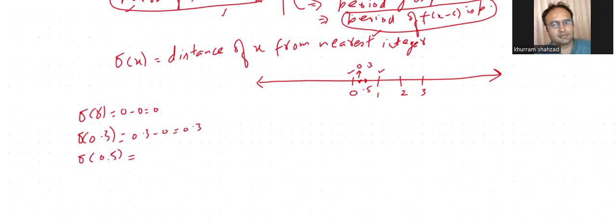So 0 and 1 are equidistant from 0.5. So you can do this in both ways. 0.5 minus 0, this is 0.5. Or you can also write 1 minus 0.5. This is again 0.5.